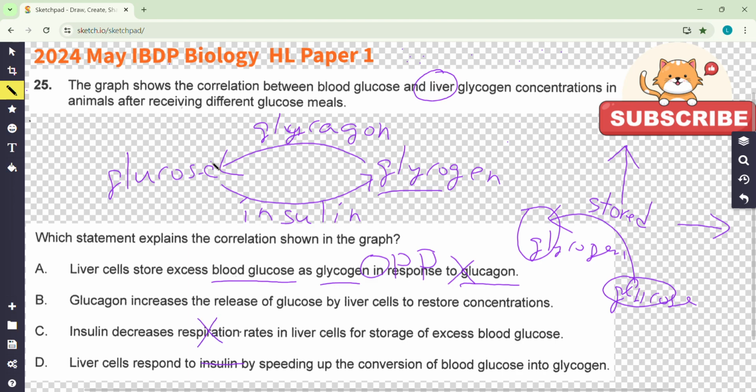Respiration? No. Last one. Liver cell respond to insulin by speeding up the conversion of blood glucose into glycogen, blood glucose to the glycogen. Quite right. Okay. So which one is really correct? Okay, we have two candidates, B or D.